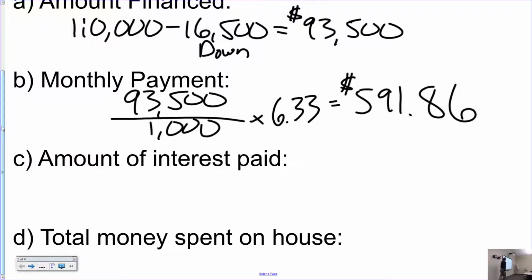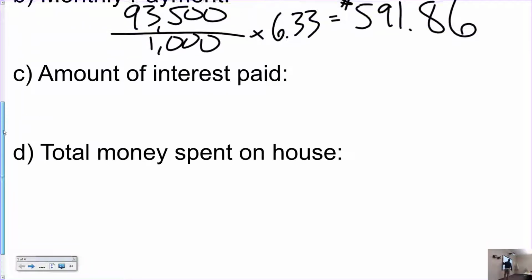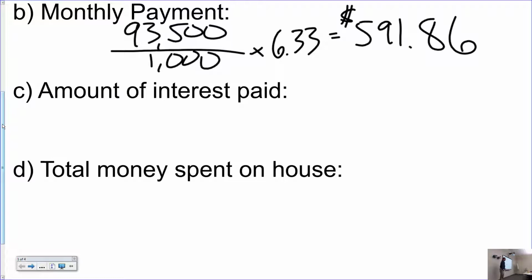All right, so how much interest are you going to wind up paying on this house if you make the minimum payment every month? Remember, what's interest again? Finance charge. How do you calculate it? Monthly payment times the number of monthly payments. How many monthly payments are there? 360. Please don't forget that there are 360 months in 30 years.